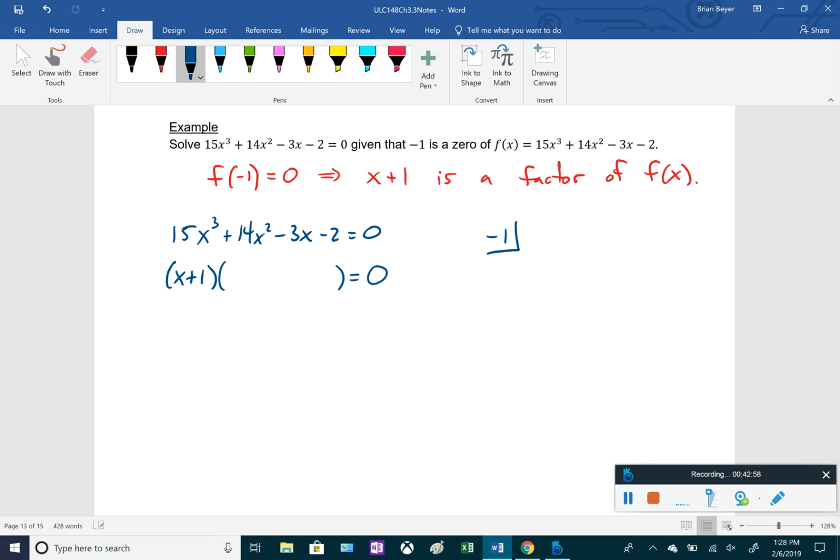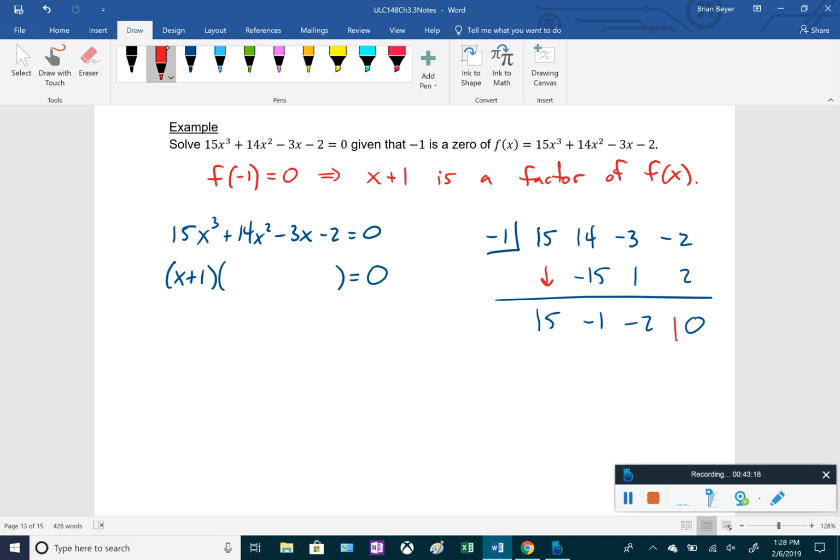So we're going to use that -1, that's our c value. We're going to write down the coefficients of the dividend, 15, 14, -3, -2. Bring down that 15, multiply, add, multiply, add, multiply, add.